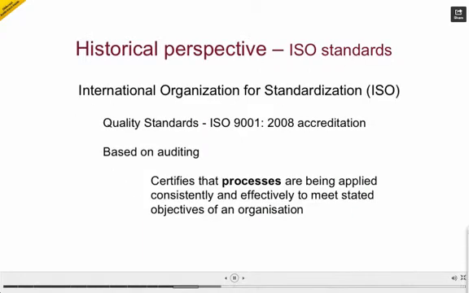In an international context, an approach which I think is particularly appropriate for our discussion is the International Organization for Standardization, or ISO, which is based in Switzerland, which looks at providing different sorts of quality standards and accreditation for different types of activity, whether it's manufacturing or services or what have you.